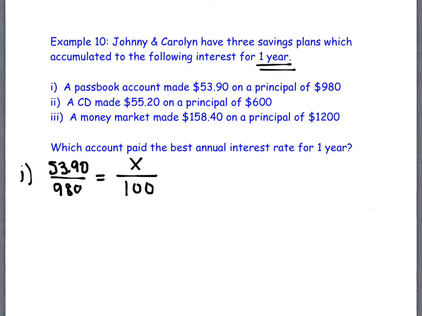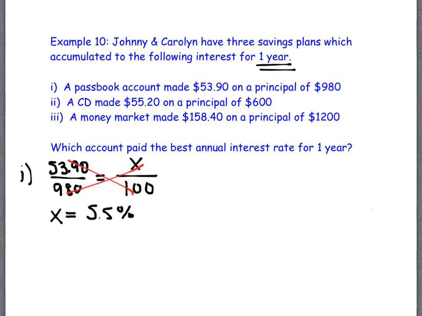So what do we do? We just cross multiply. What are you going to get? 5.5, and that is a percent, because this was the number per 100 that we started out with. So the first account was 5.5%.